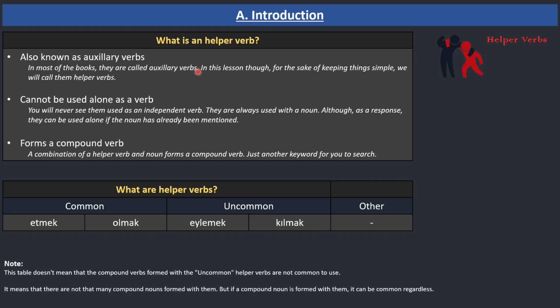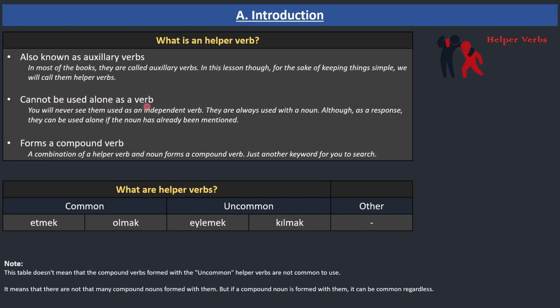Bu derste basit olsun diye onlara helper verbs diyeceğiz. In this lesson, for it to be easy, we will call them helper verbs. So, that one is important. They cannot be used alone as a verb.